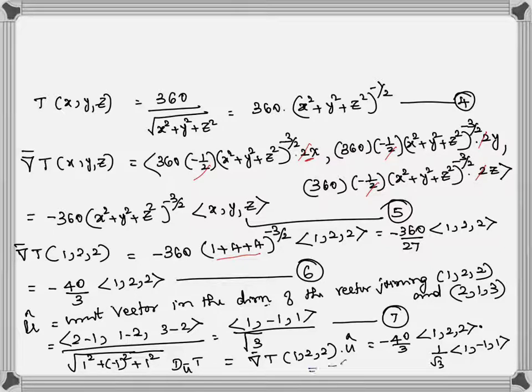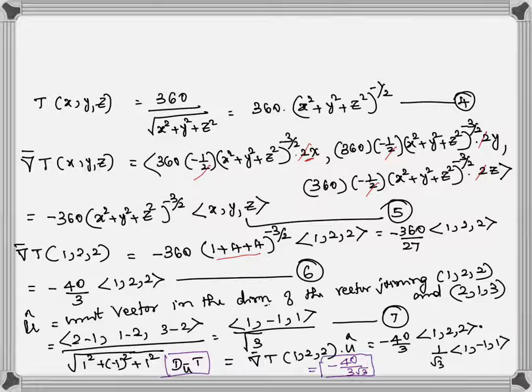So if we multiply the corresponding components and add, we get negative 40 over 3 radical 3, and if you dot product these two vectors, it's going to give 1. So it is negative 40 over 3 radical 3, which is the directional derivative of t in the direction of the unit vector u.